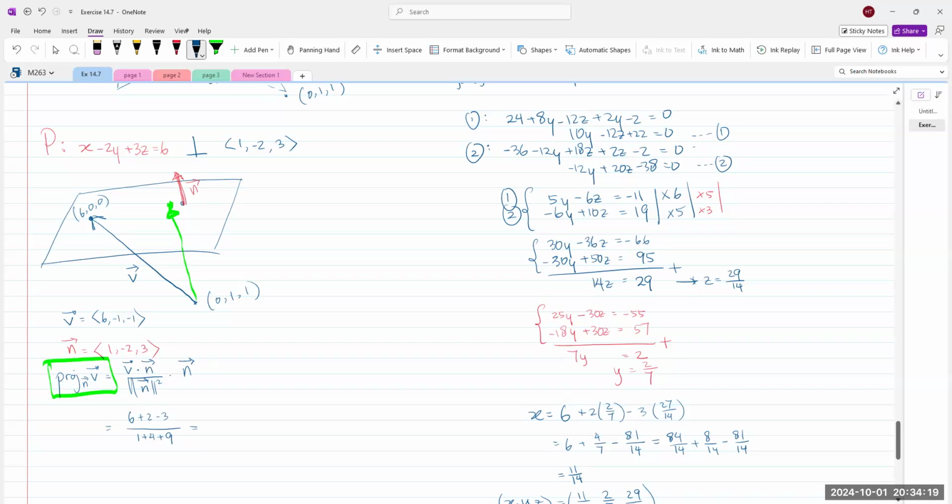That will be 5 over 14 times vector n, which is 1, -2, 3. That gives us 5 over 14, -10 over 14, 15 over 14.